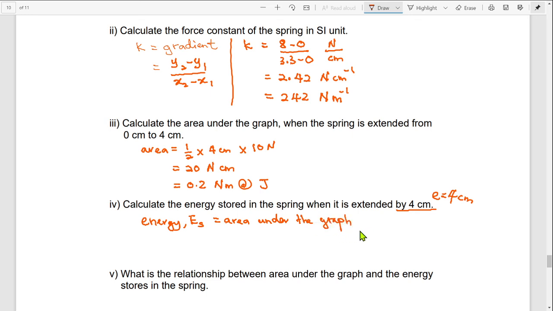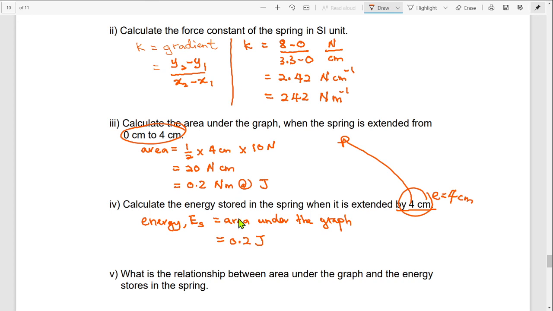When the spring is being extended by 4 centimeter, we have calculated this up here just now, from 0 to 4. So no need to repeat the calculation. The area under the graph is 0.2 joule. So what is the relationship between area under the graph and the energy stored in the spring?